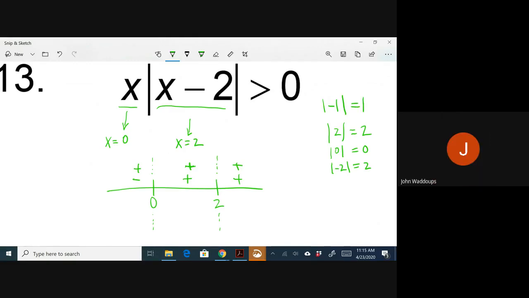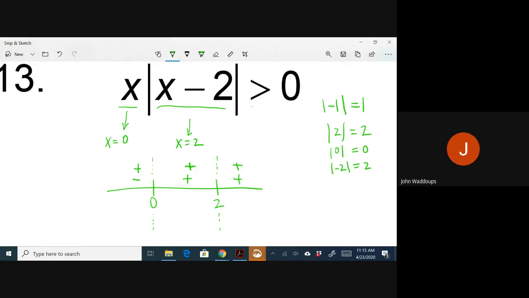It's still positive. And so rather than going negative, negative, we would just go positive, positive, even to the left of 2. This is a little bit different than when we've done some of the other sign charts.